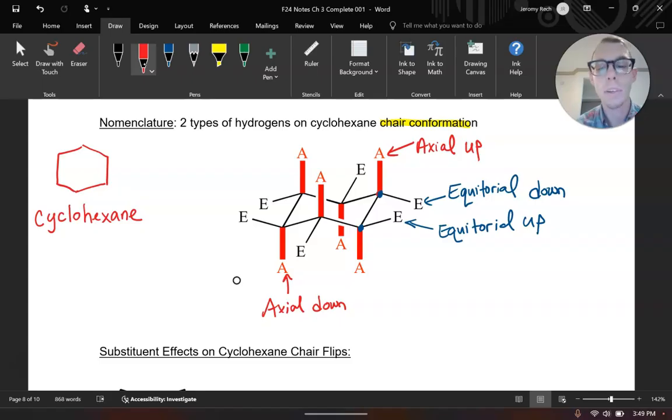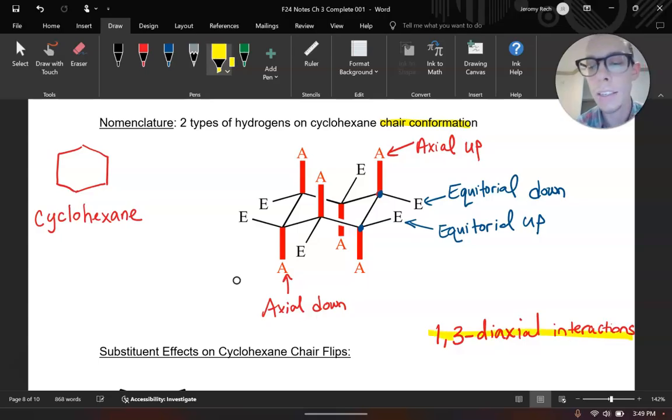And there's going to be an important term, which we're going to call 1,3 diaxial interactions. And 1,3 diaxial interactions are going to be things that destabilize or make our structure not stable.